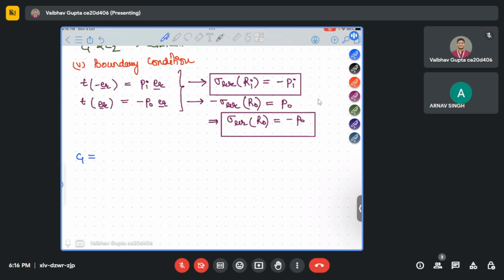C1. You can write in your notes also. This will be helpful for your exam also. You can do all the calculations and check whether the constants I am giving are correct or not. Although it's correct only, for your better understanding you can derive it on your own also. So the constant value C1 will be equal to Pi Ri square minus P naught R naught square upon lambda plus mu, times R naught square minus Ri square.